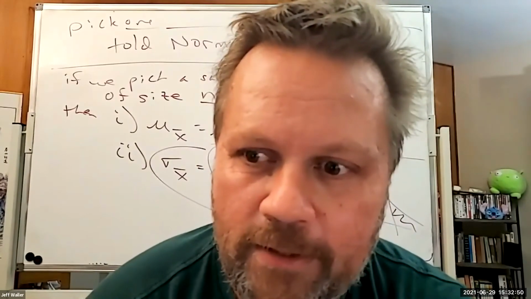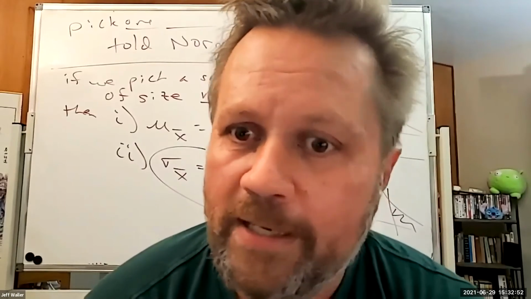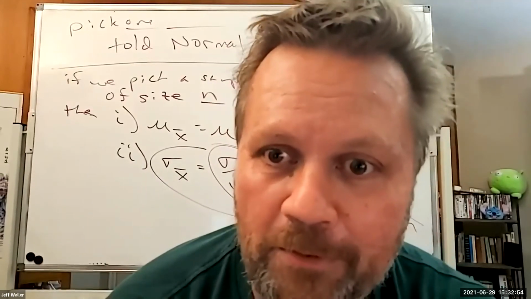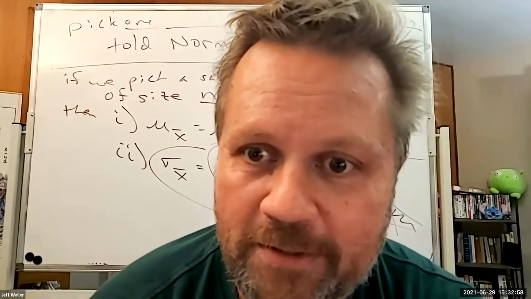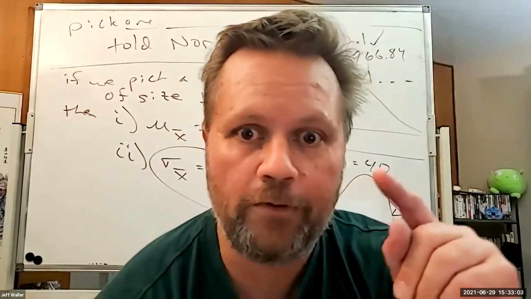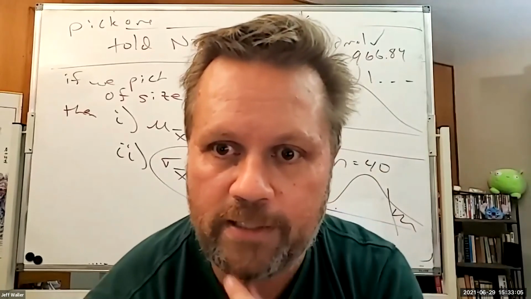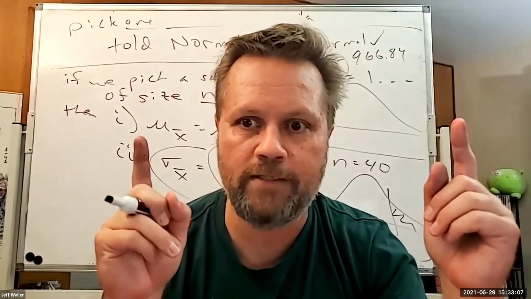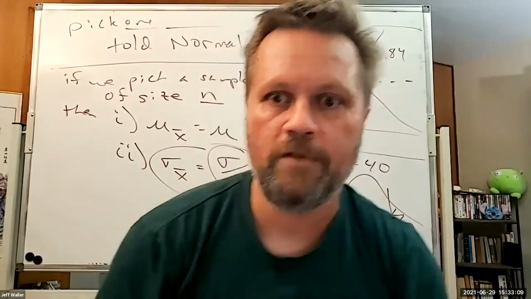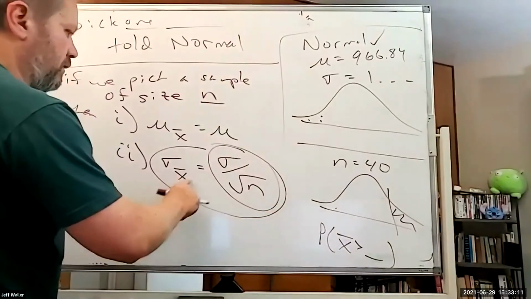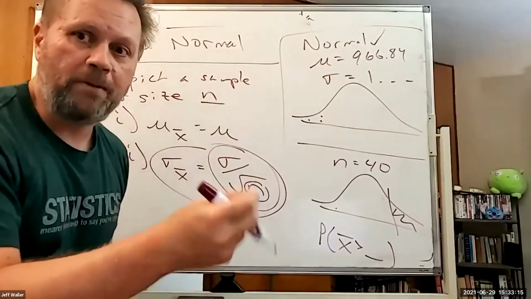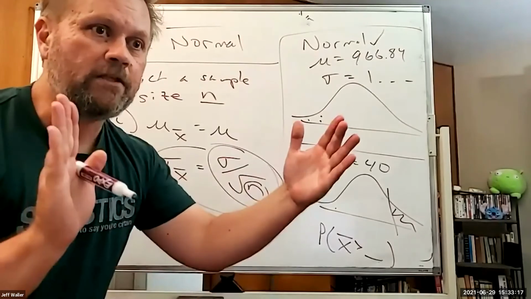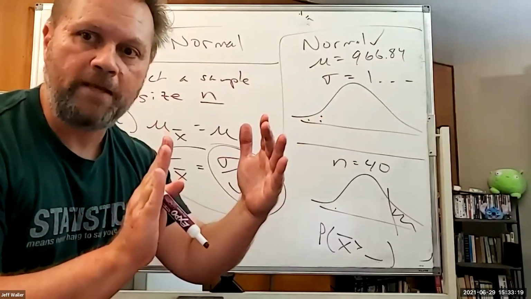Because a group of 40 people, shouldn't their average be close to the real average? It will be harder for a group of 40 people to be further away from the average. Doesn't that tie into the whole idea of the standard deviation getting smaller? So do you see how the standard deviation gets smaller exactly by the square root of the sample size I picked? So the bigger the sample is, the smaller my spread is, which makes sense.